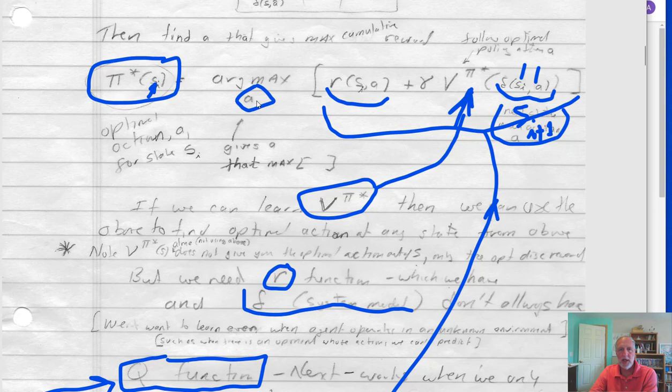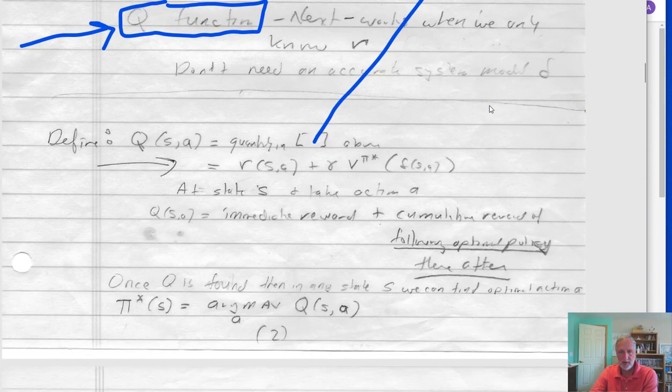So for any action A, Q is going to collect the local reward, and then it's going to collect the discounted reward, assuming we have known some optimal policy. So that's the definition here. Q is defined to be, if you're in state S and you take action A, you collect the reward, and then you collect the discounted reward for that next state.